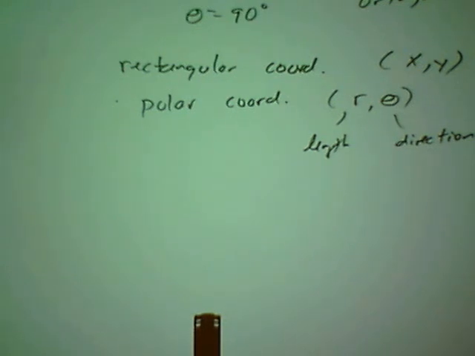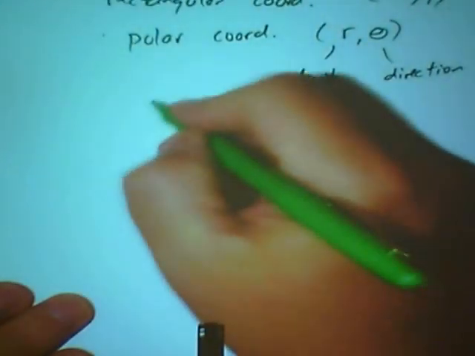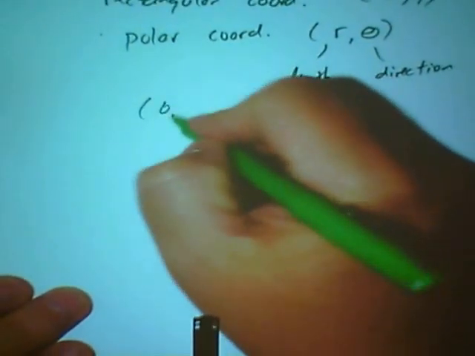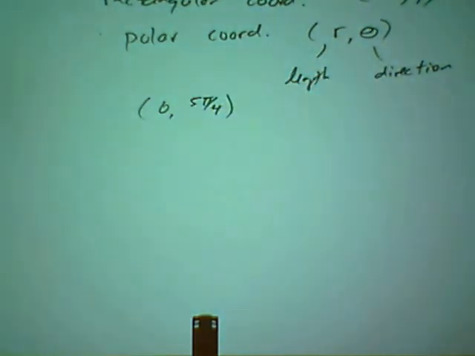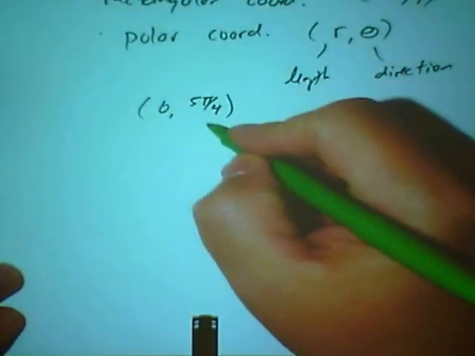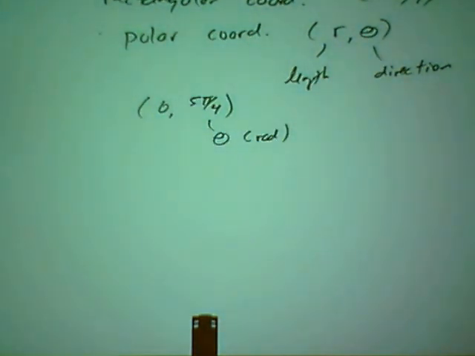So for example, number 20, convert the polar coordinate 6. Now notice here, I think for the first time, we're back to having an angle, because this is the angle. It's in radians. Once you see the pi, you know you're in radians.